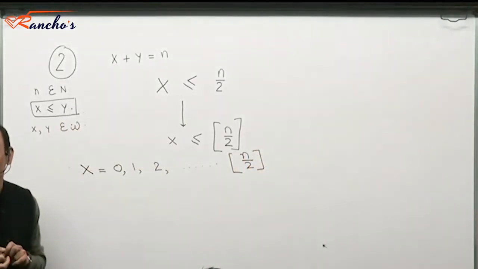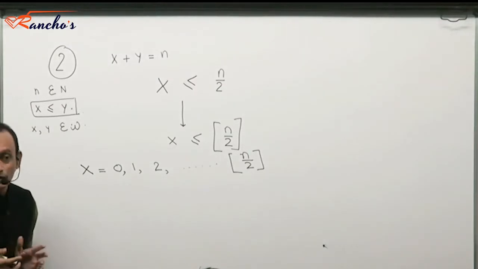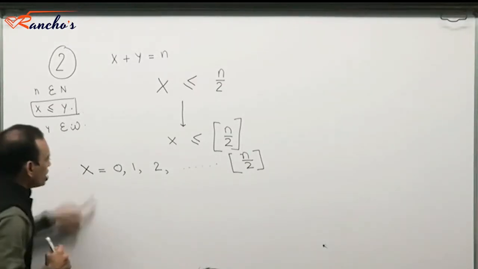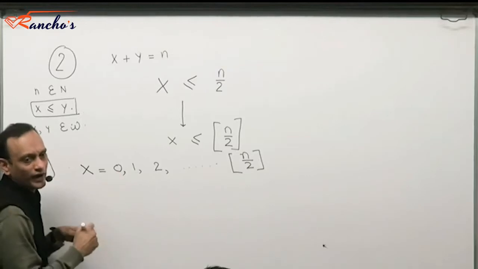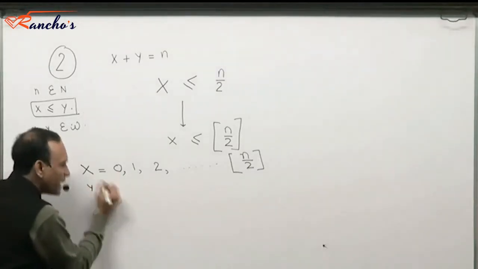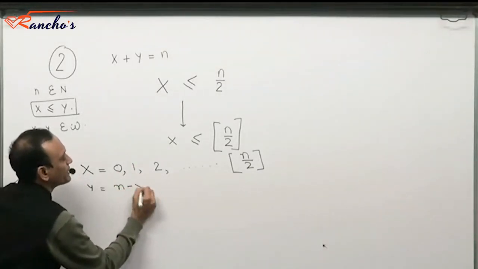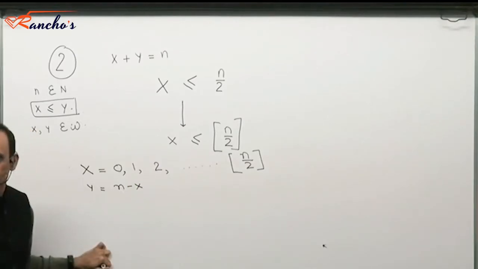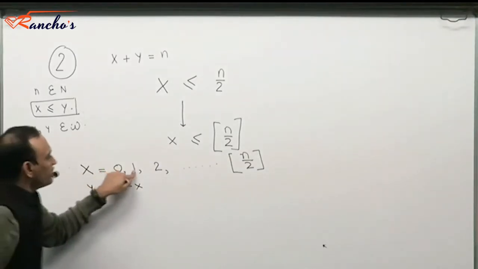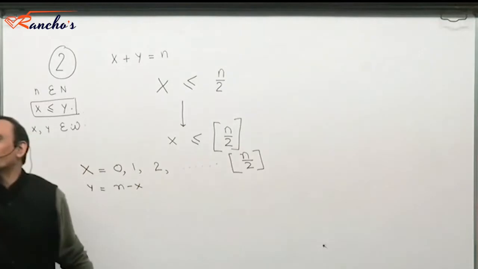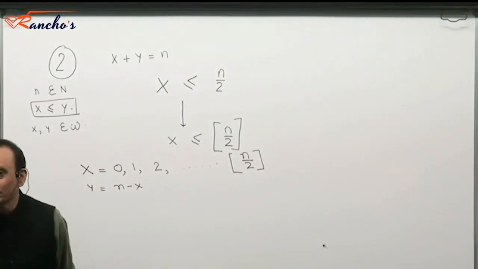That's it. And for each value of x, there will be a unique value of y. The unique value of y for every x here is going to be n minus x. So every value of x that you see here will give me one solution.